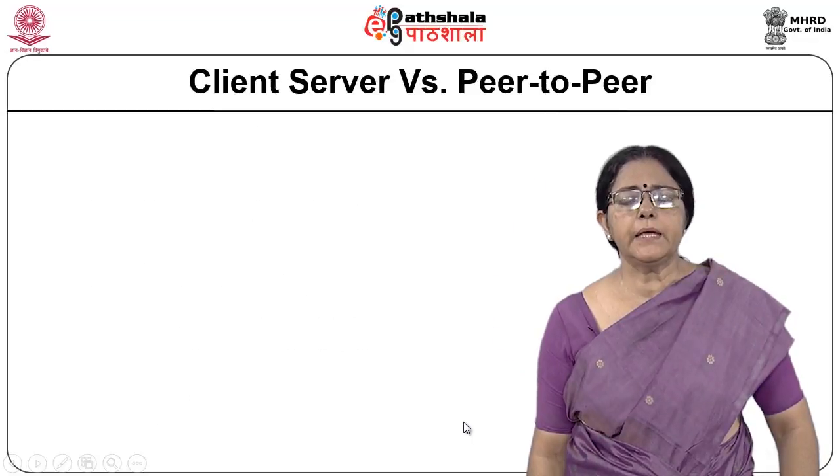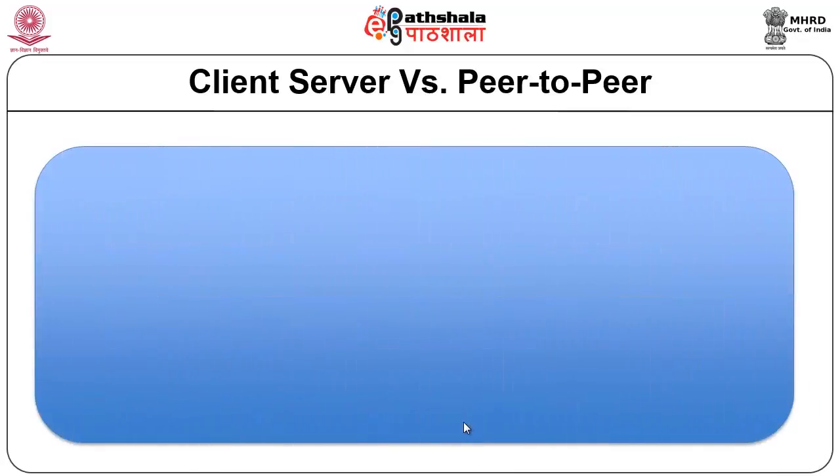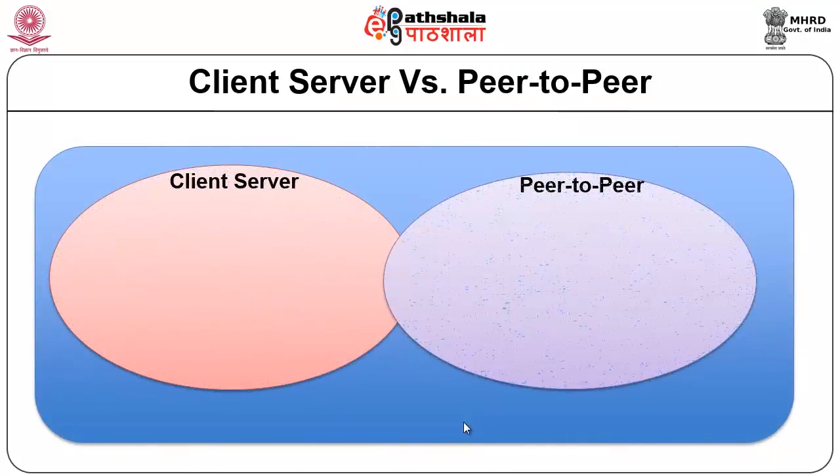Now, if we compare a P2P system with client server, first and foremost, client server is a managed environment, whereas P2P is a self-organized environment. What we mean by this is that client server will be a configured and predefined environment, but in P2P nodes can dynamically come and go.